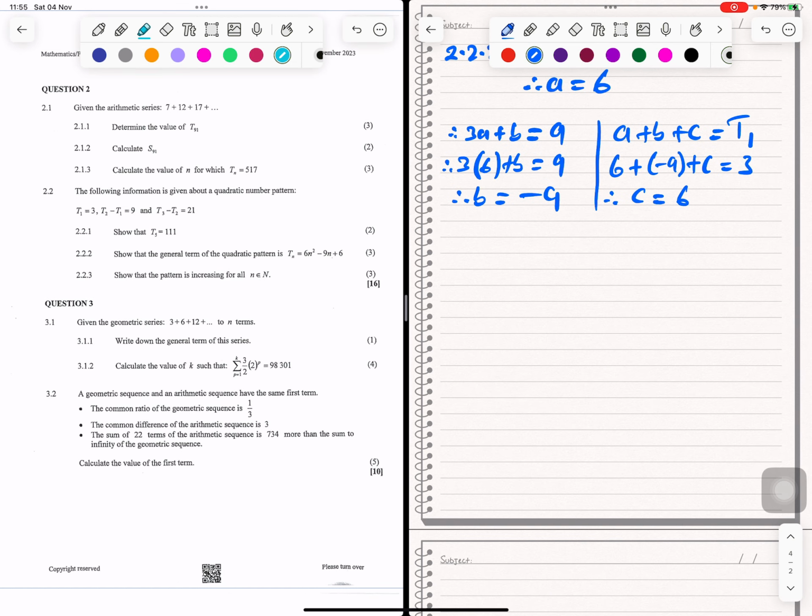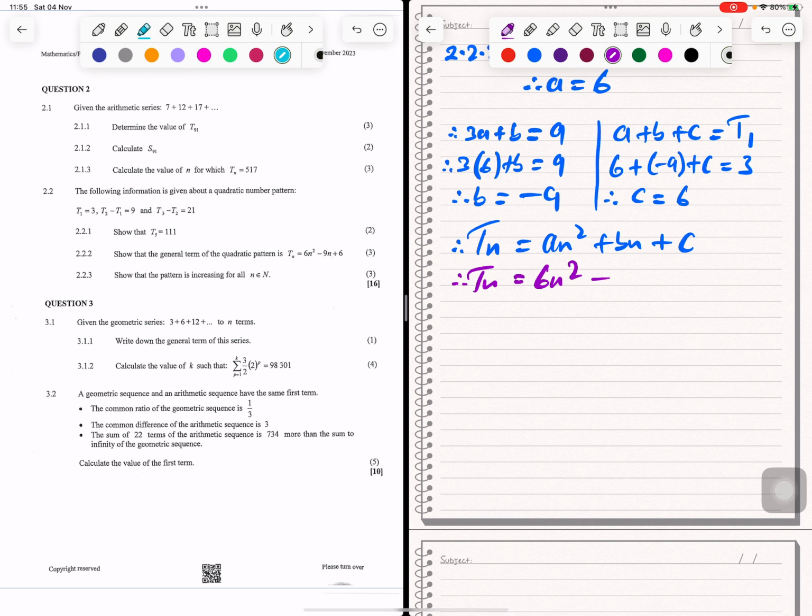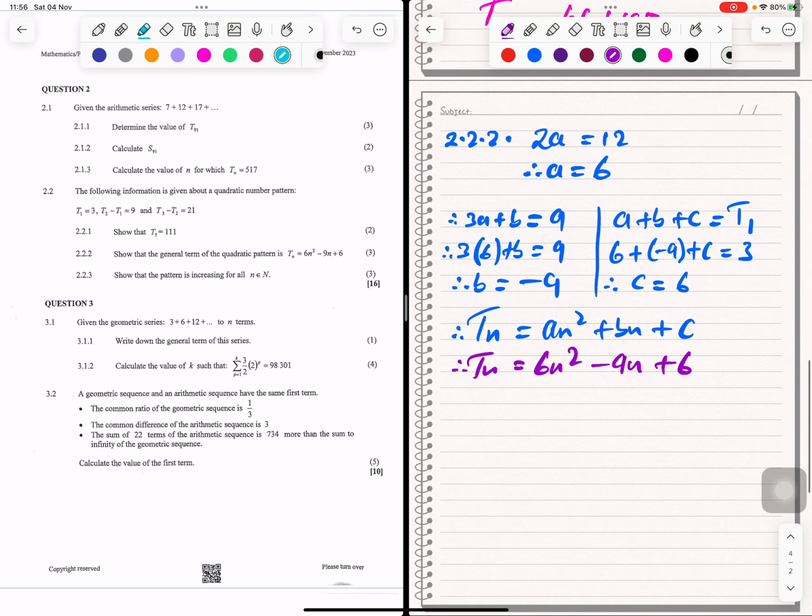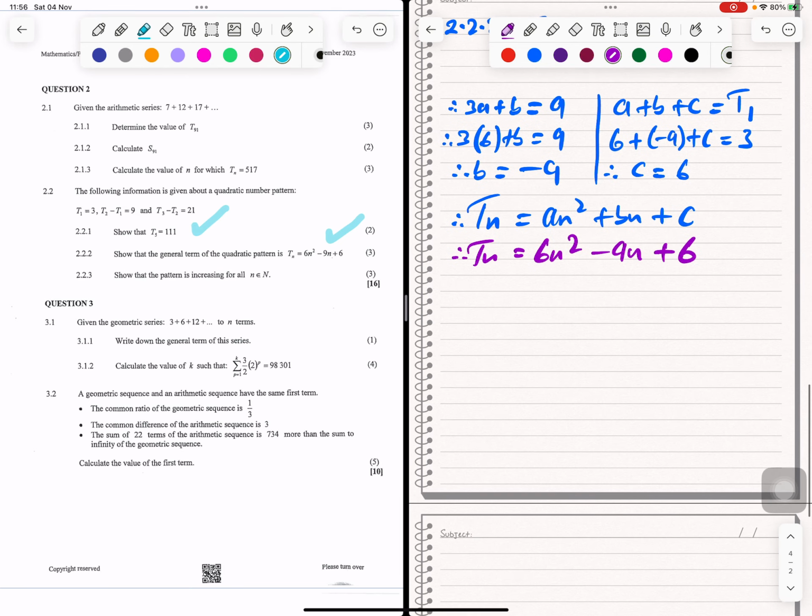So now you say that therefore Tn is equal to an squared plus bn plus c. Remember, it's a quadratic, and now you know what a is. So it is 6n squared plus b, which is minus 9n, plus c. So c is 6. Okay, that's how you answer the first two questions of 2.2. Let me just write it here. This is plus 6.